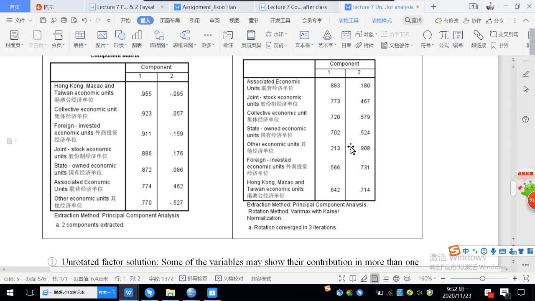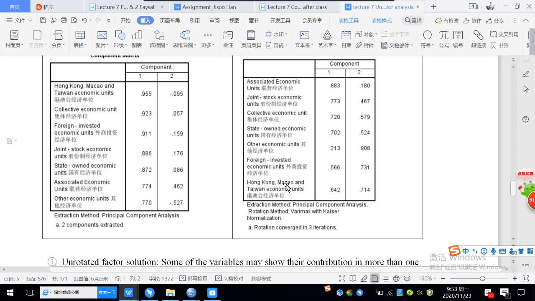On the contrary, let's look at these 3 variables. Other economic units, the coefficient is 0.908 in component 2, 0.213 in component 1. So component 2 is bigger than component 1 for other economic units. Following invested economic units, also the coefficients in component 2 bigger than component 1.